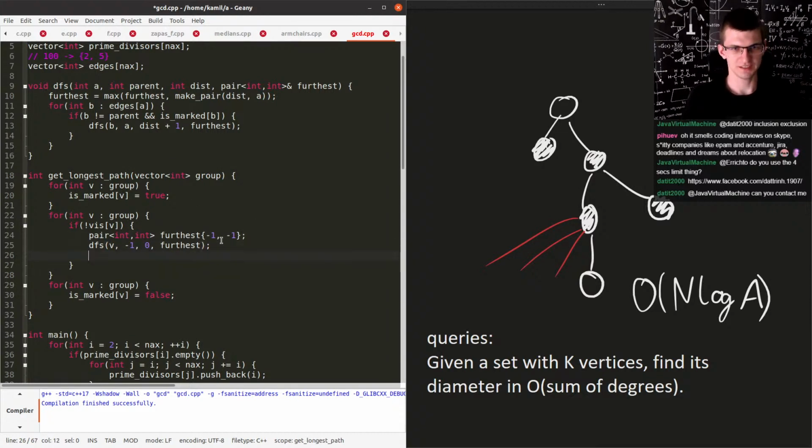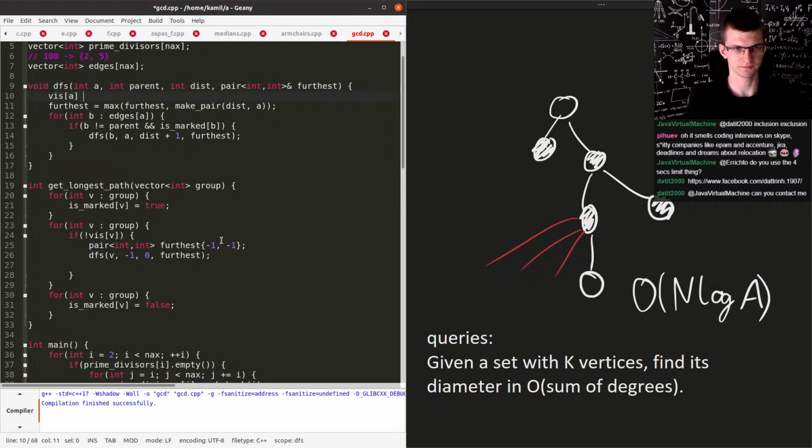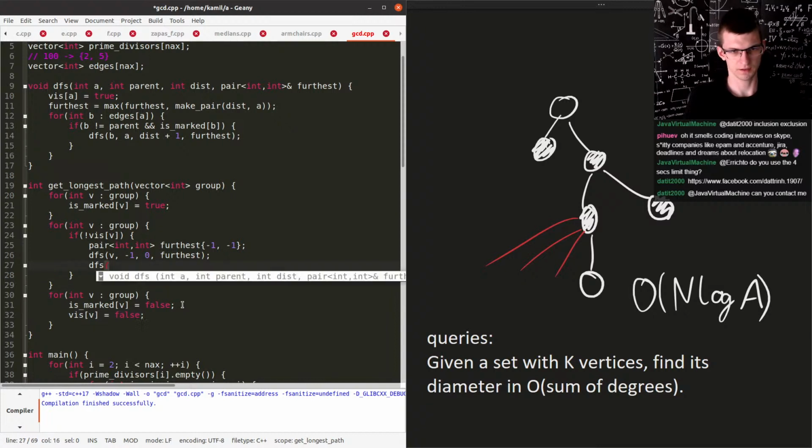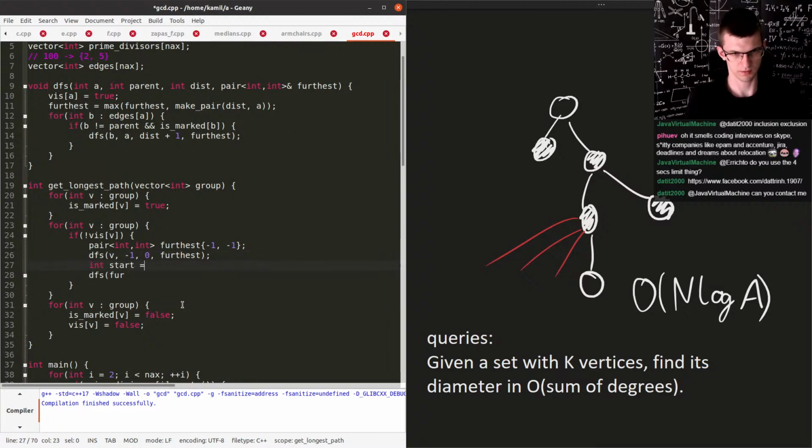So we do this, and we need to mark those things as visited too. And then DFS from furthest second. That's a standard algorithm to find the diameter in a tree.